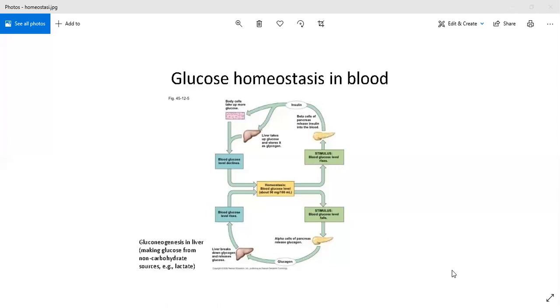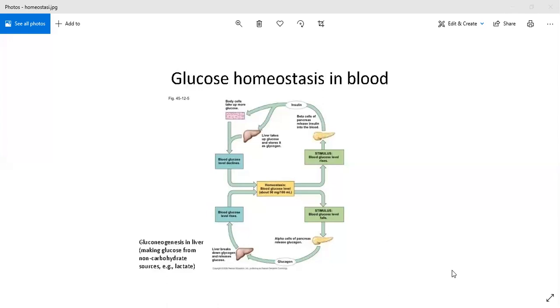Now, if that amount of glucose rises above 100, for example, if it goes to 120 milligrams, we have what is called hyperglycemia. So when the blood glucose level increases above 100, goes to 102, 105, 110, it is called hyperglycemia because it is higher than the normal amount.